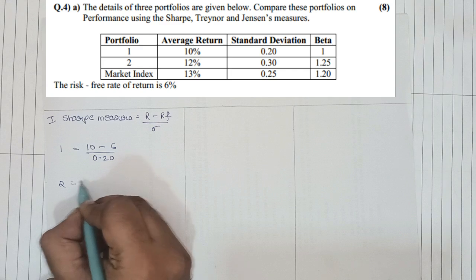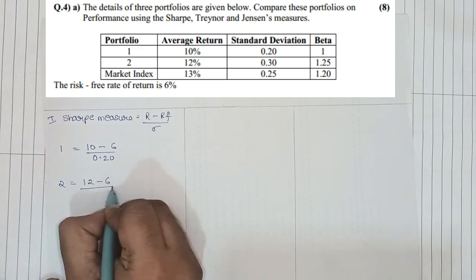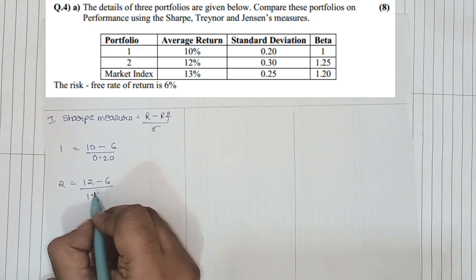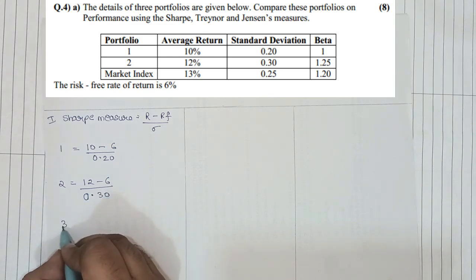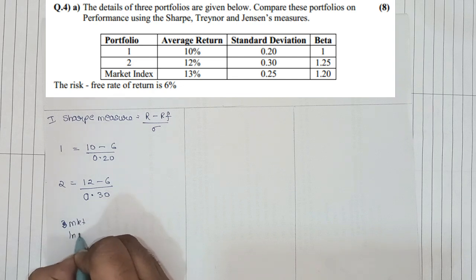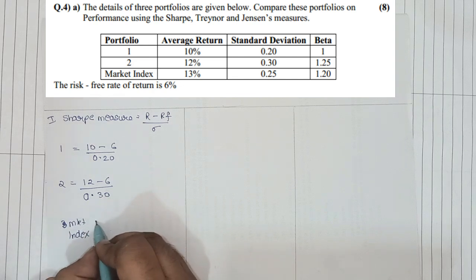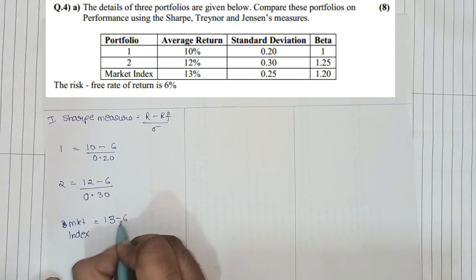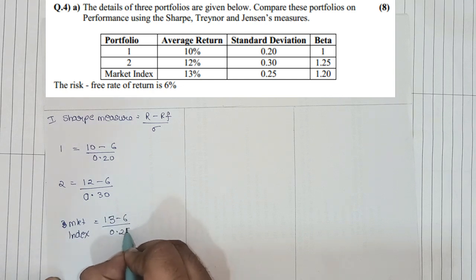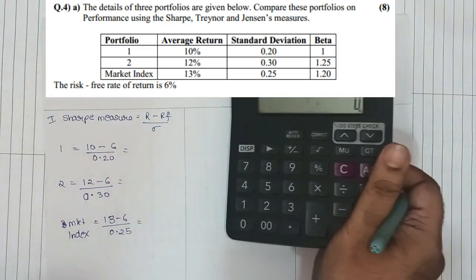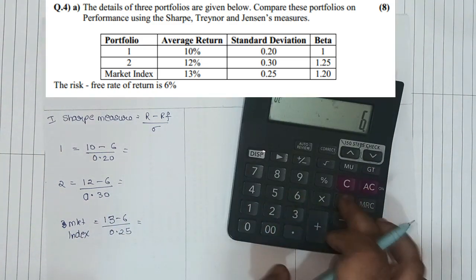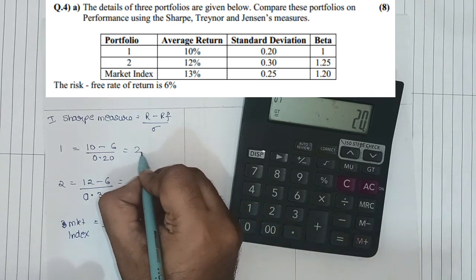For the second one, 12 minus 6 upon 0.30. And for the third one, that is market index, it is 13 minus 6 divided by 0.25. So 10 minus 6 divided by 0.2, I get 20%.